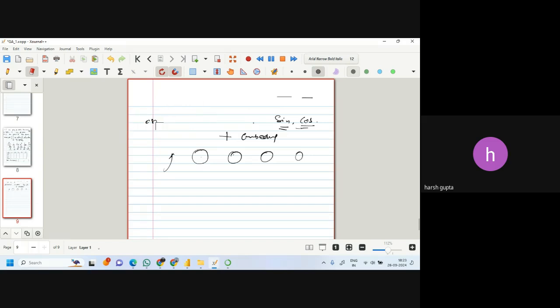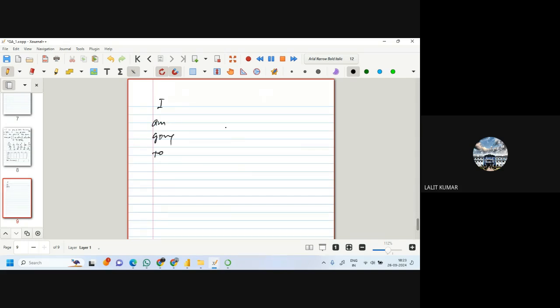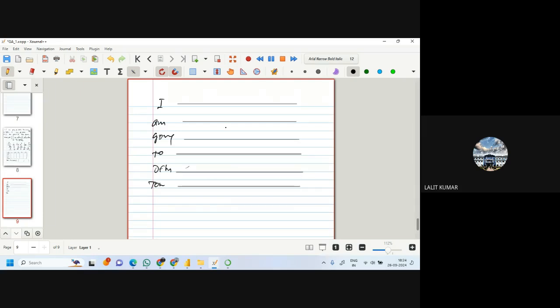So in this there are two ways of taking that. I was taking this example: I am going to Delhi tomorrow. If I take the row vectors, then each word becomes 32 size, so this becomes 6 into 32.